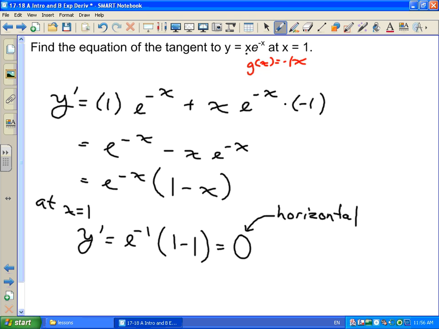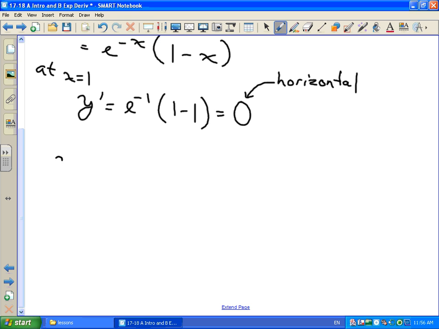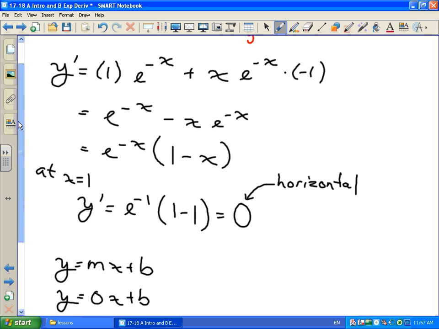Okay, so now what else do we need to do if we're going to get the equation of this thing? We can put in our slope is 0. So y is just going to be b. How do we figure out b now? So go back to our original equation here.